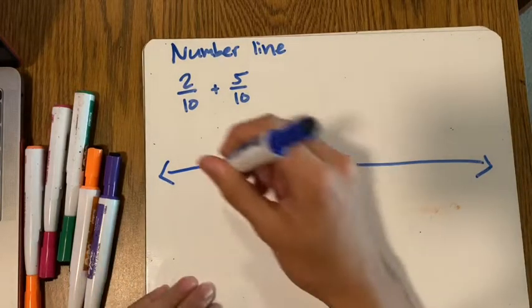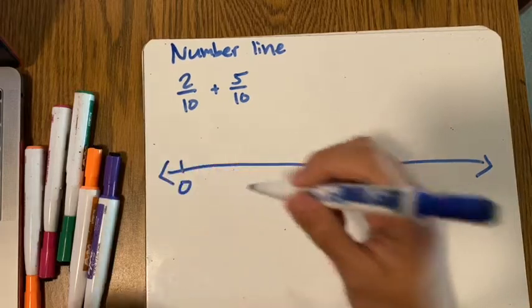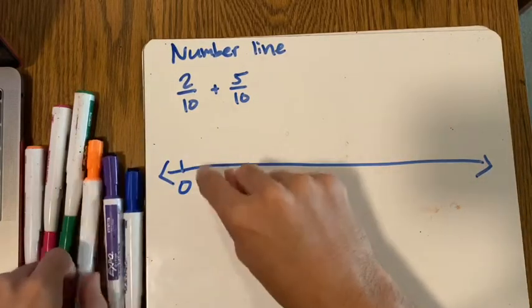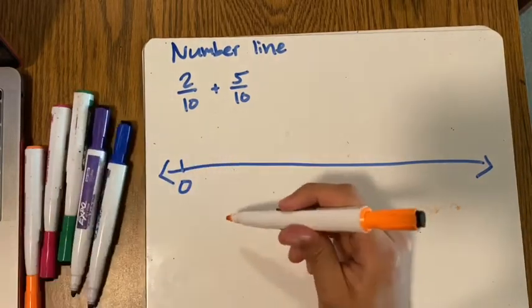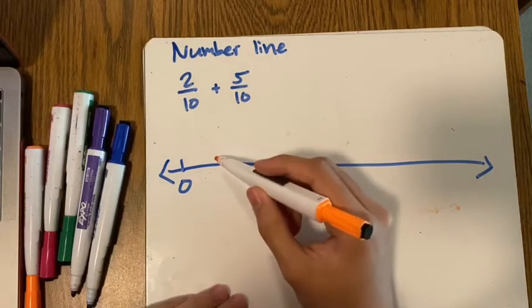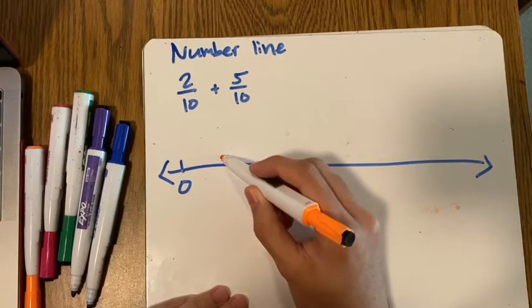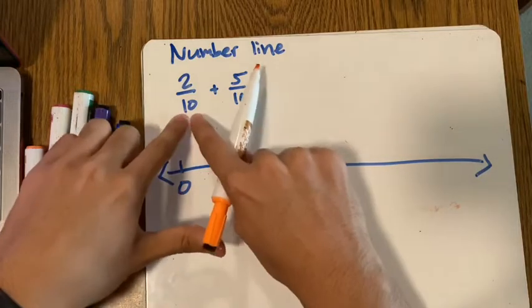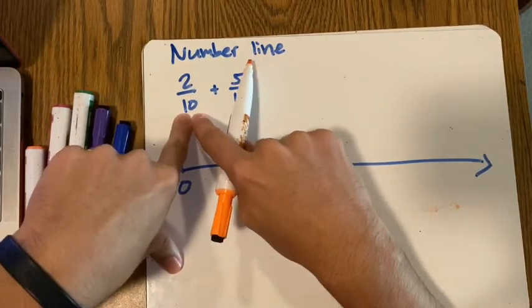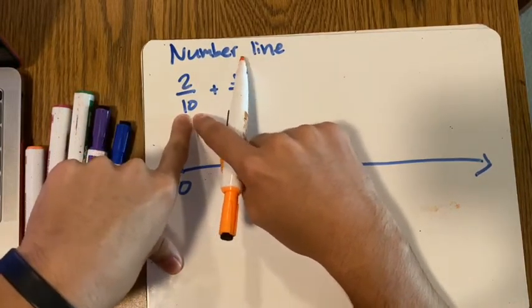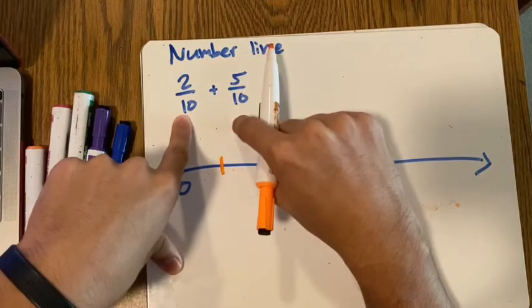And we're going to start off with 0. Let's always start off with 0. Now, when we make our little tick marks, what are we going to start off with? Well, we start off with whatever we're counting by. In this case, we're counting by 10, because our denominators are 10.